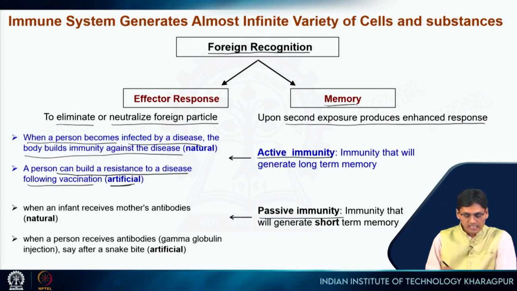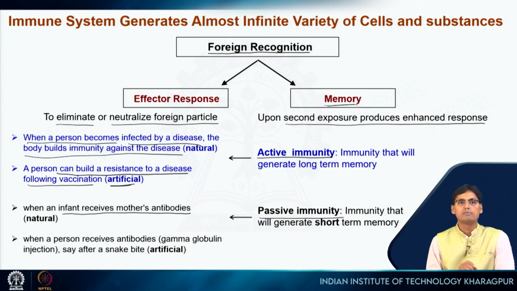And then passive immunity. When an infant receives mother's antibody, that is natural immunity, but it is passive. How? Depending on mother's breast milk, the antibodies also come to the infant, and that antibody gives protection to the baby.